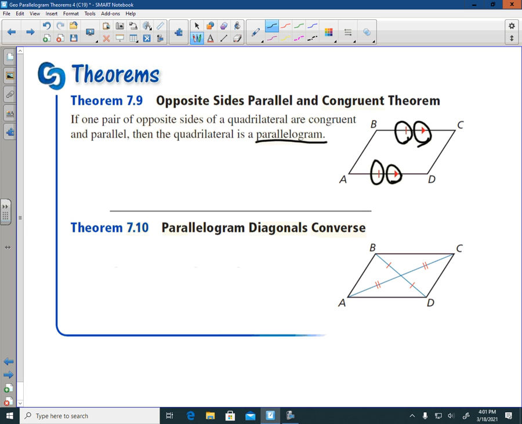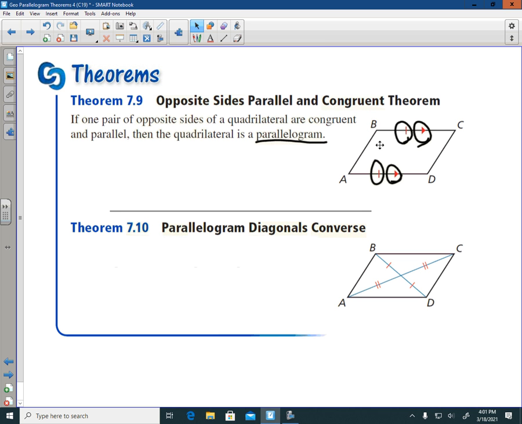The parallelogram diagonals converse. One of the things that we talked about a couple of videos ago was: if a quadrilateral is a parallelogram, then the diagonals bisect each other.